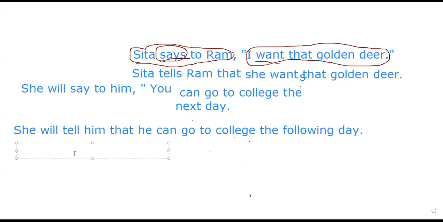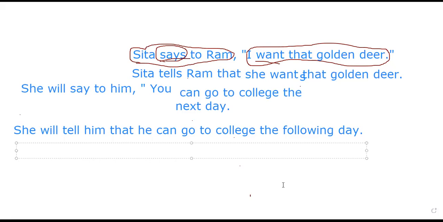Okay. I hope you have understood a little, at least. Whatever I have explained, did everyone understand? You will have to memorize these rules. Until you memorize the rules, you can't do direct and indirect speech, voice, tenses.